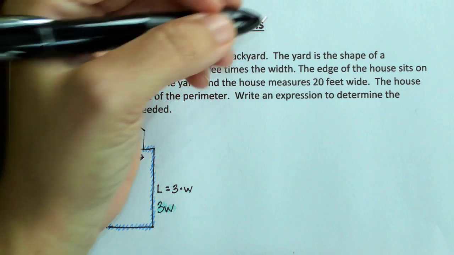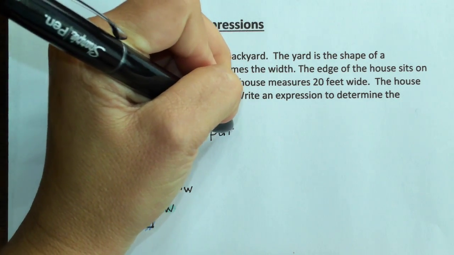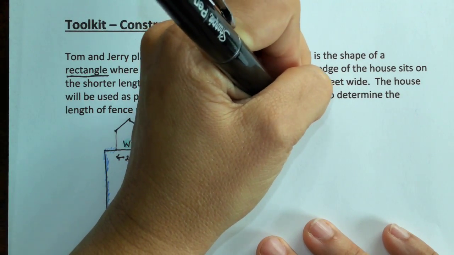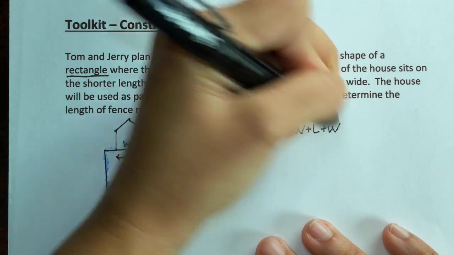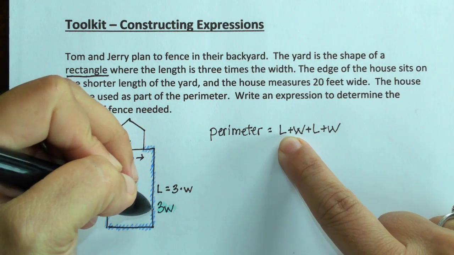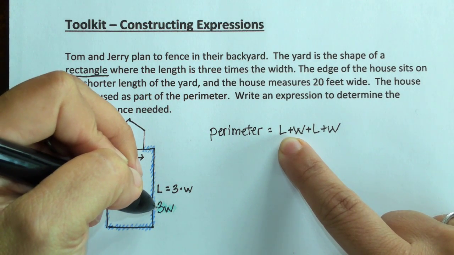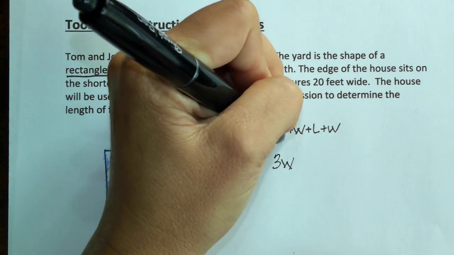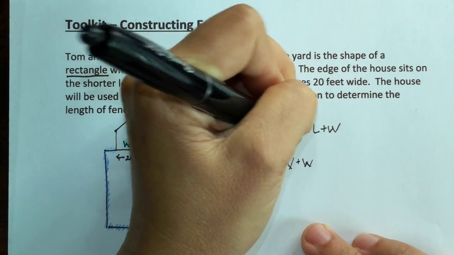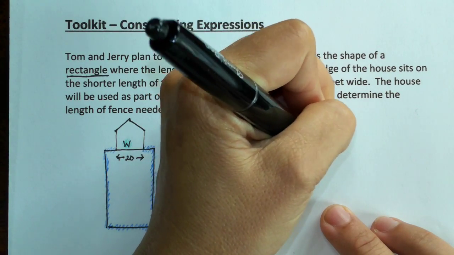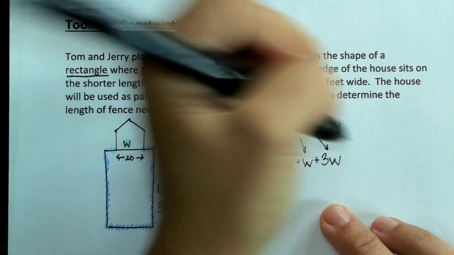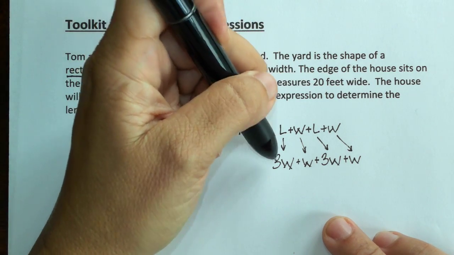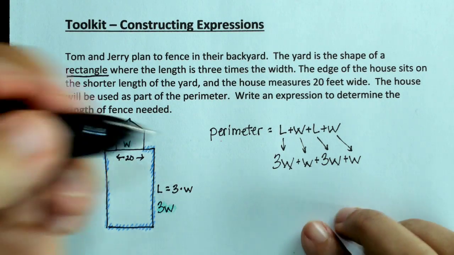Well, I know to get perimeter that equals my length plus my width plus my length plus my width, right? And so if we're going to represent length as 3W, then the amount of perimeter that I need is going to be 3W, plus my width, plus 3W, plus my width, right? So all I did was represent my lengths as 3W because the length is 3W.